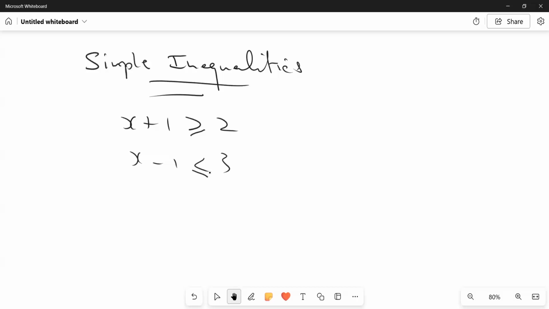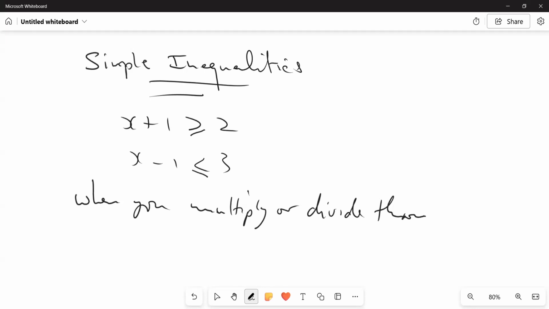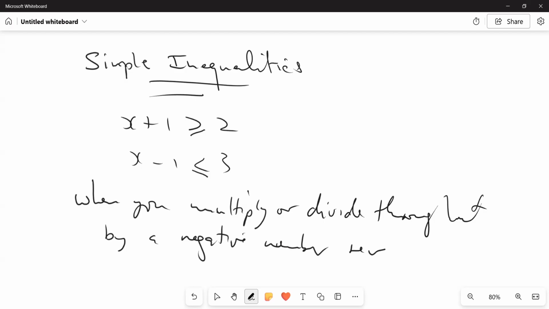The only exception is this: when you multiply or divide throughout by a negative number, reverse the inequality sign.